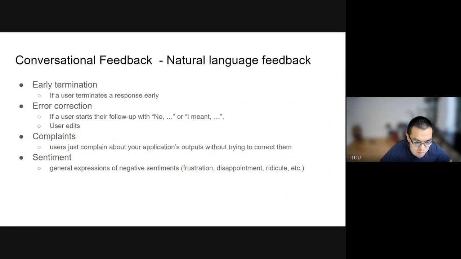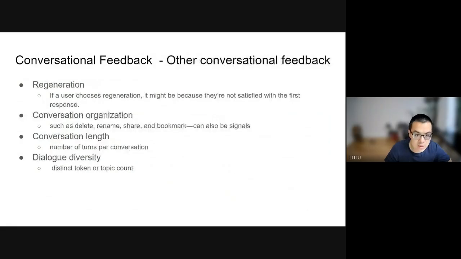Complaint is when the user complains about your application's output without trying to correct it, saying, oh, this is not good. Sentiment is a general expression of negative sentiments. And for the other conversational feedback, here we have regeneration.